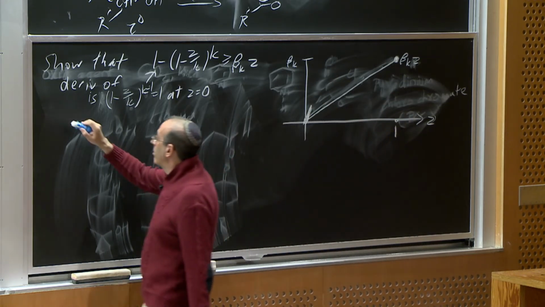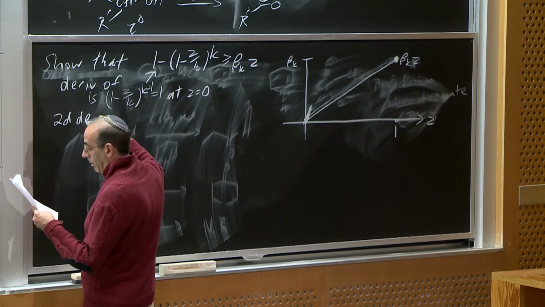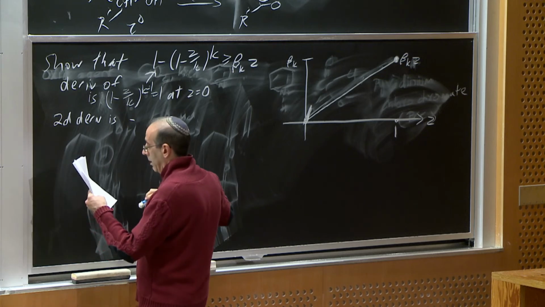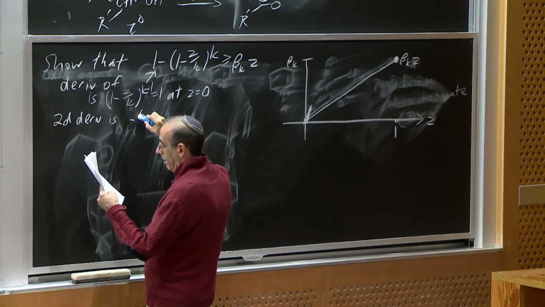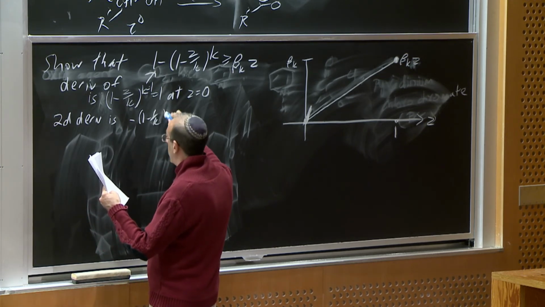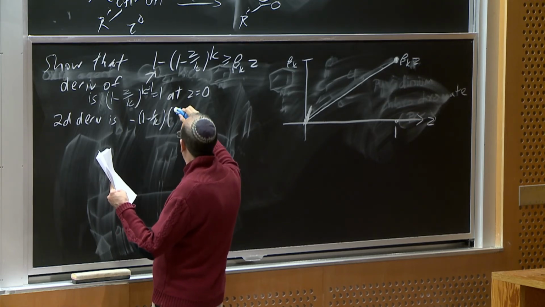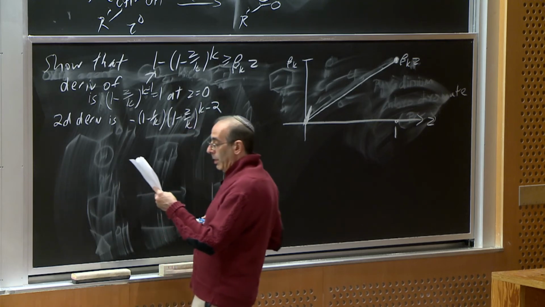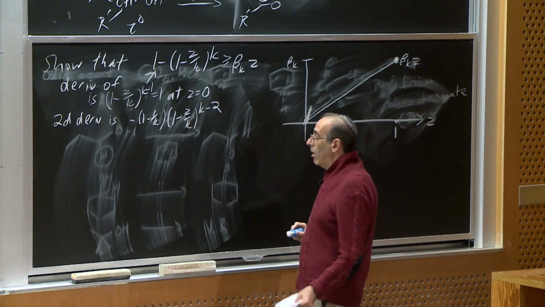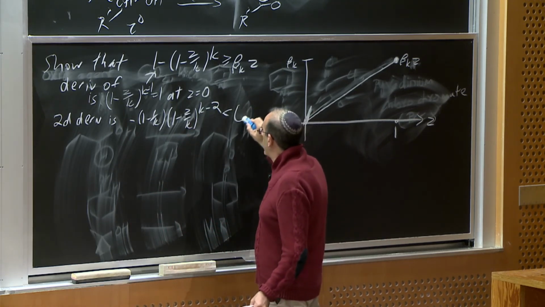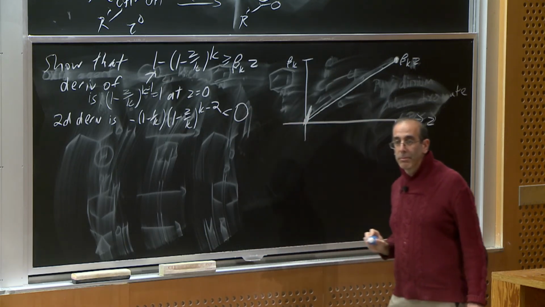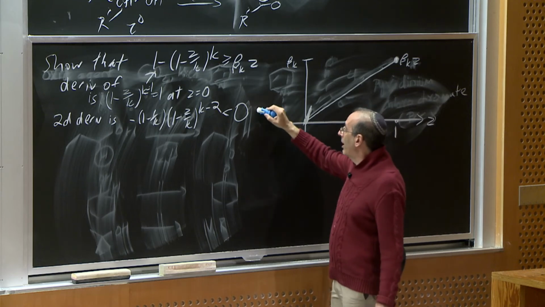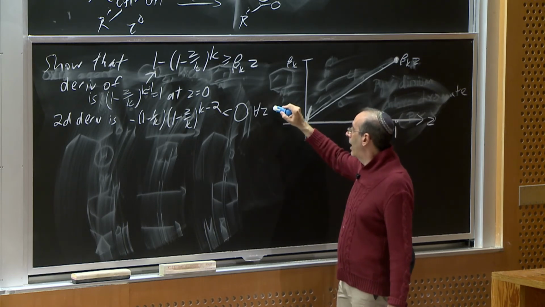Right? The second derivative is minus 1 minus 1 over k times 1 minus z over k to the k minus 2. This might also be wrong, but what is right about it is that it is less than 0. Okay? Which means that at all z between 0 and 1 it is negative.